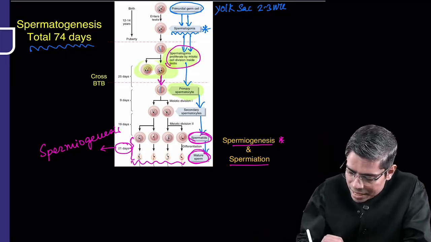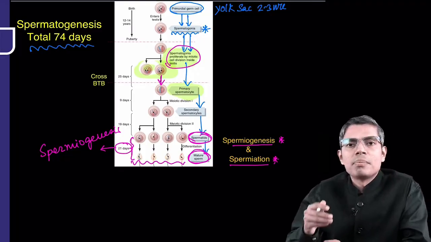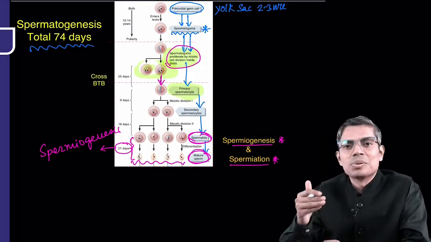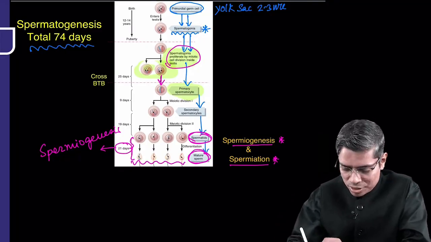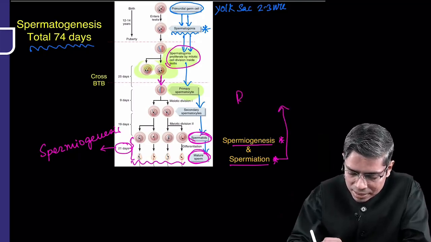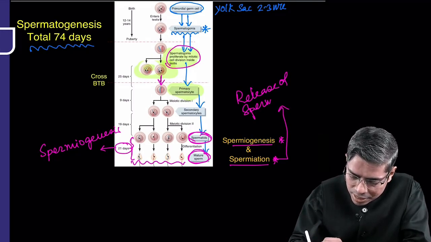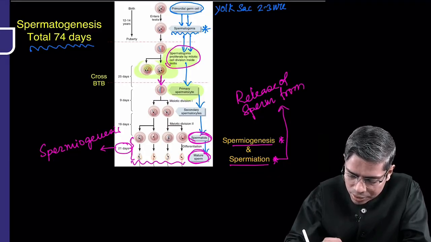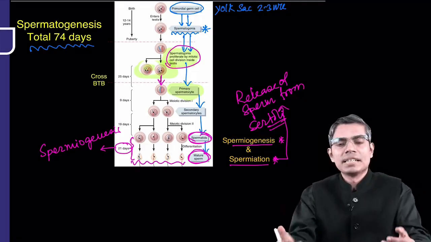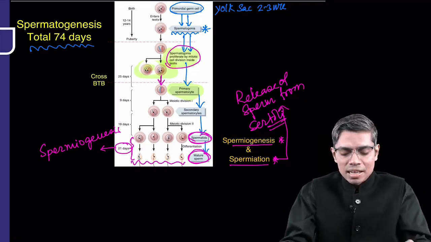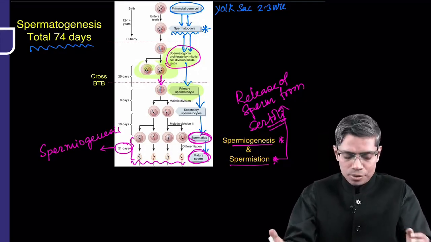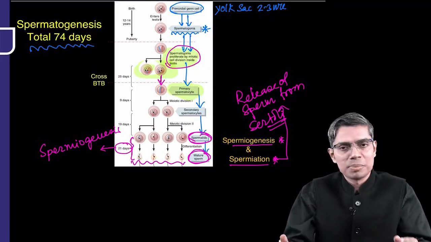So the release of sperm from Sertoli cell is known as spermiation. After release, now it will enter at the level of epididymis and its journey started, right? So this is the whole thing that you have to remember.